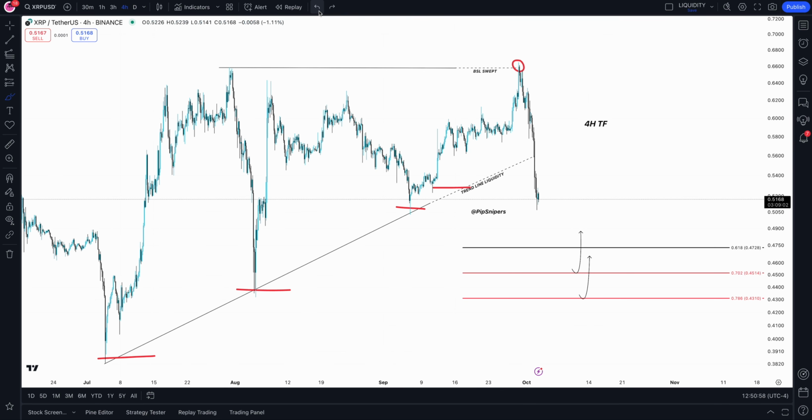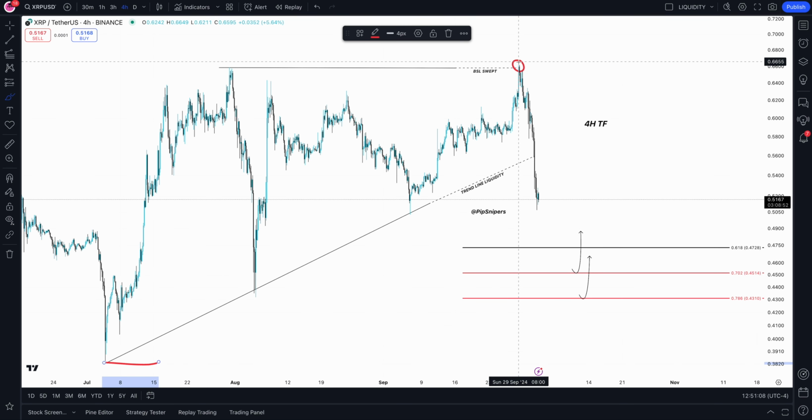Now, it's likely we would head towards the 70.2 to 78.6% fib measured from this low over here on July 4th up to this high over here on September 29th. Okay, so 0.4514 and 0.4310 would be the major point of interest, with the first point of interest being the 61.8% fib at 0.4728.